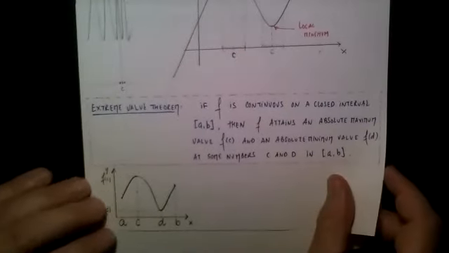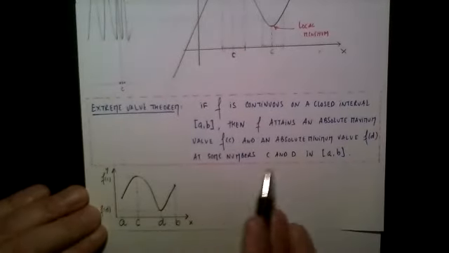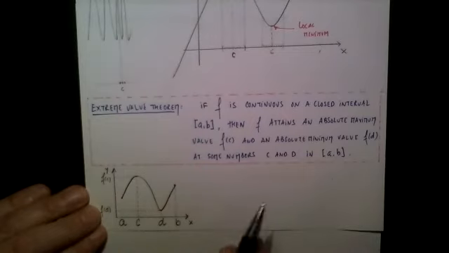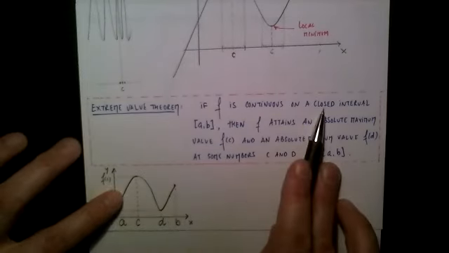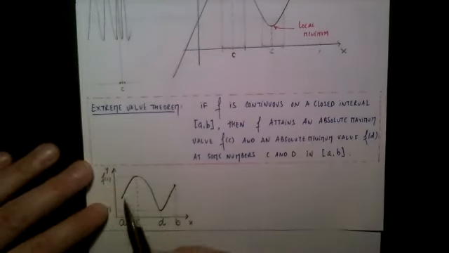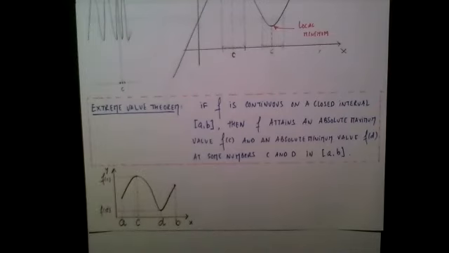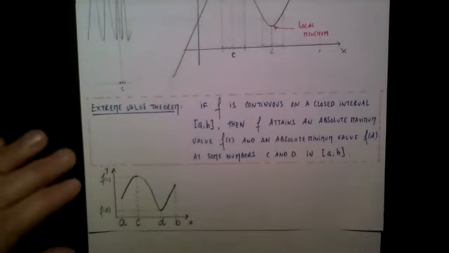What I wrote here is that the extreme value theorem tells me that if a function is continuous over a closed interval AB, then for sure the function reaches a maximum value and a minimum value. Good?